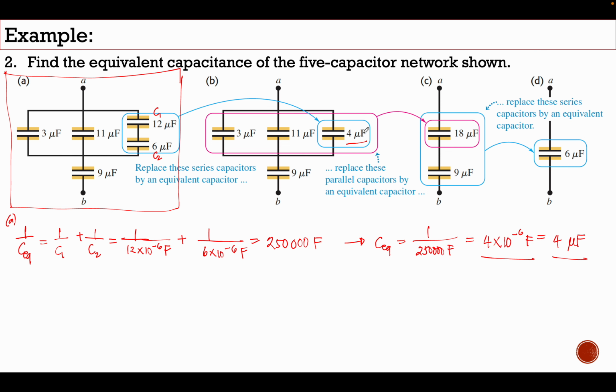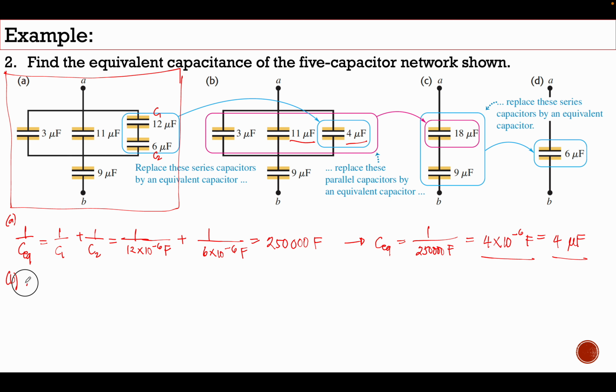Okay. So now, as you can see, these 3 capacitors, 3 microfarad, 11 microfarad, and 4 microfarad, are connected in parallel. So for letter B, we need to get the equivalent capacitance of these 3 capacitors that are in parallel.